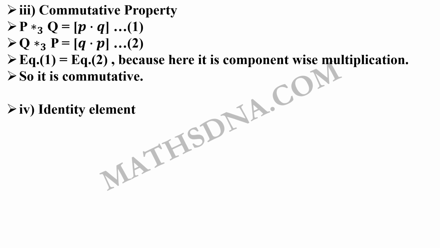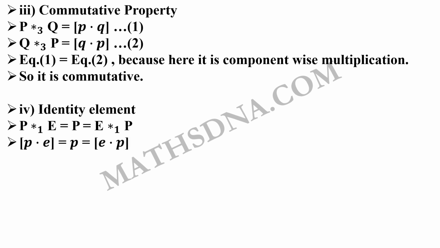And the fourth one, identity element. Simply P star 3 E is equal to P is equal to E star 3 P should hold, and that is only possible when all the elements of E are equal to 1, that is, E is [[1,1],[1,1]], and that is again an element of our set A because all the entries are equal, so it belongs to the set A.